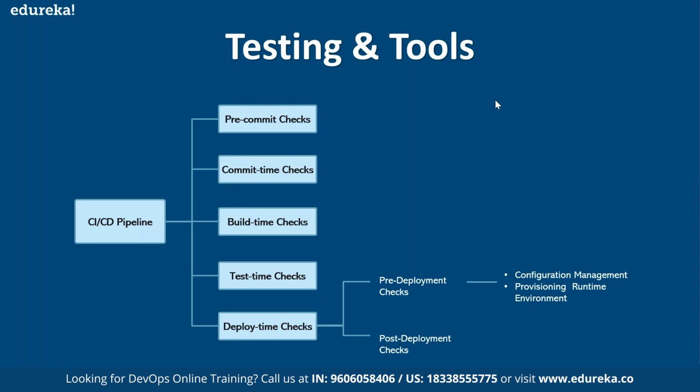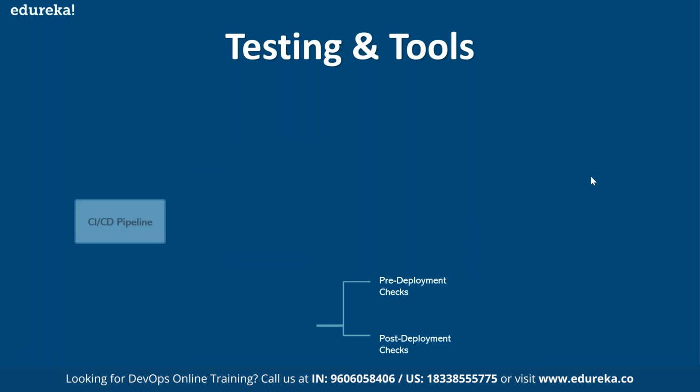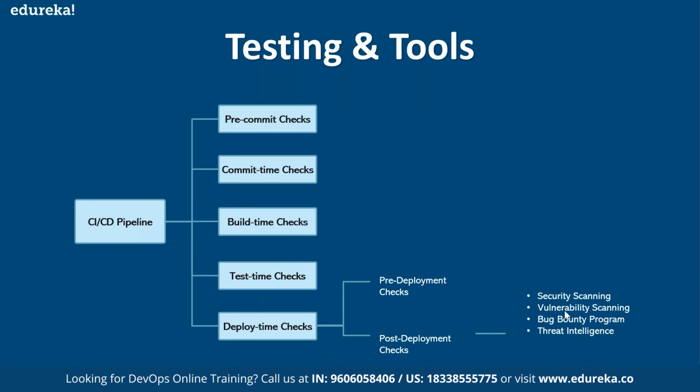On the cloud, right guys? It is hosted on the cloud, so we need configuration management testing also, because we are not aware of where it's being hosted. It might have some security issues. Post deployment, we will have bug bounty program, threat intelligence, vulnerability scanning, and security scanning. That is your application level scanning.